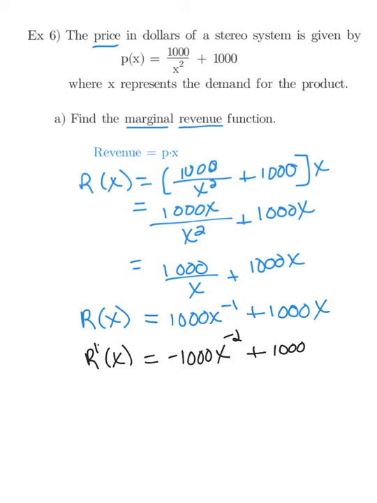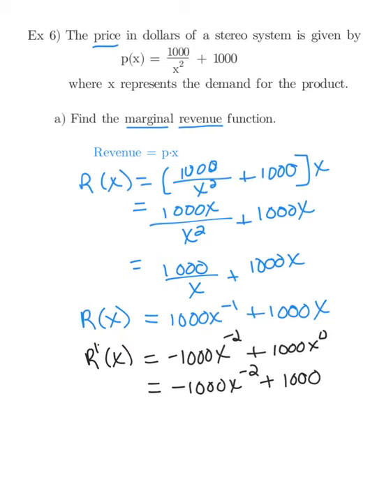That just gives us 1,000. If we do the rule so you can see it, the original power was 1, and 1 minus 1 gives us x to the 0. But remember, anything to the 0 power equals 1. So our marginal revenue function will be negative 1,000 x to the negative 2 plus 1,000.